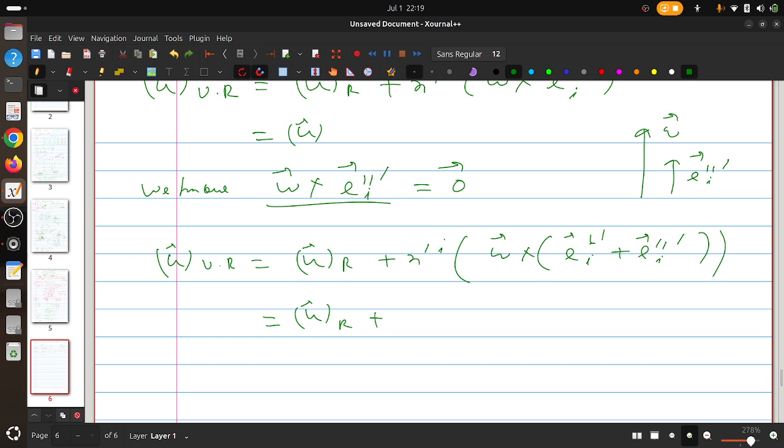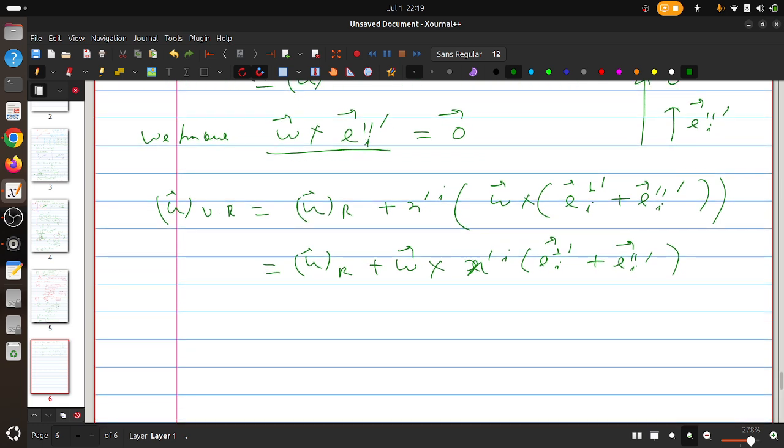Small trick. So now we can simply write this thing as x prime I, and all this is done because of a reason which you will realize now. Because this is x prime I times e I prime perpendicular plus e I prime parallel, so when you add these, this is just e I prime itself, right?